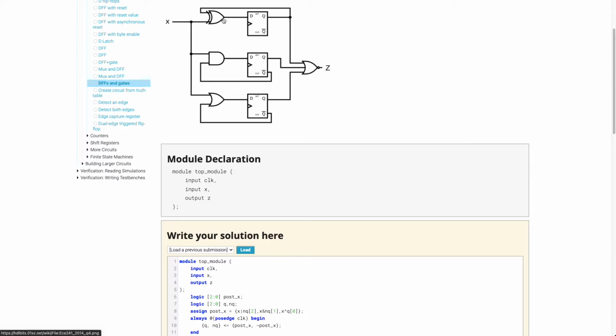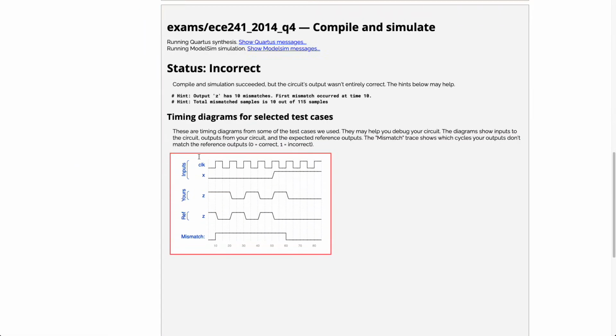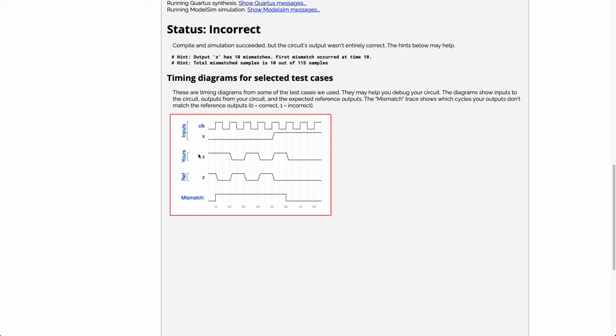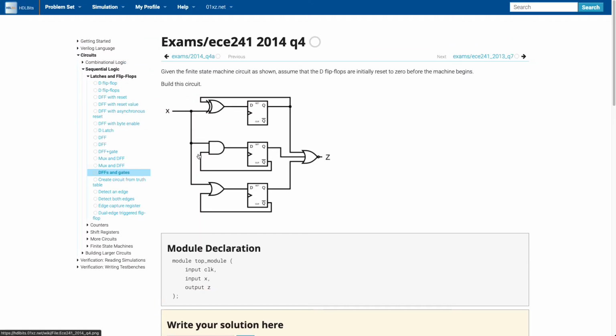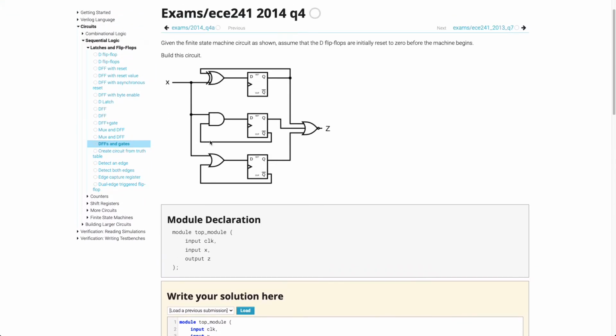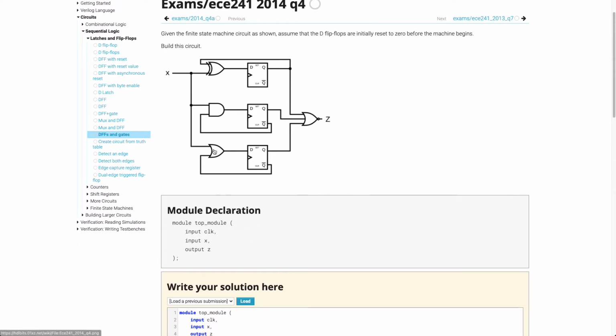Oh, actually no, because post X here is not post X, so yeah, without a reset signal, this is a bit hard.